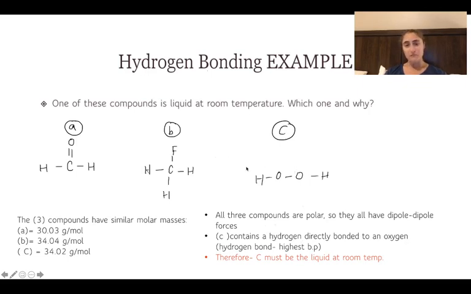Even though we have hydrogen and fluorine both present in here, we don't see the hydrogen directly bonded to the fluorine. Same thing here. Even though we have hydrogen and oxygen present, we don't see the hydrogen directly bonded to the oxygen. So this bond is actually the strongest. This is the only actual hydrogen bond that's present, which means this one must have the highest boiling point and melting point, which means this one must be liquid at room temperature. So we'd say that letter C is the answer here.